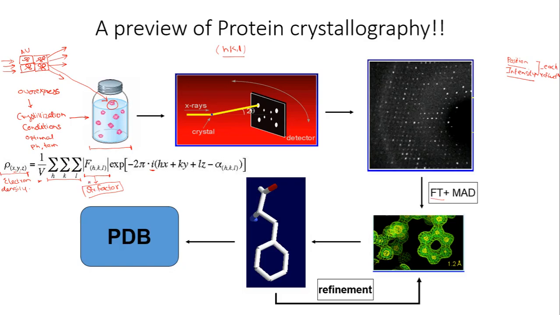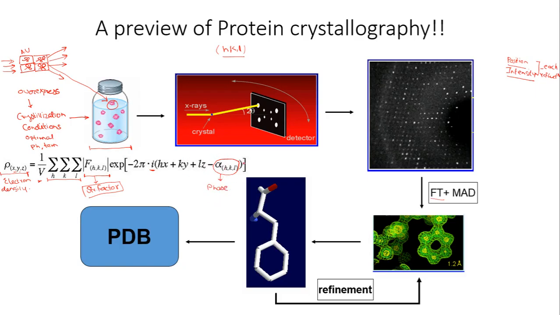But in order to complete the Fourier transform, you would also require this quantity to be measured, which we have represented as alpha HKL, and which corresponds to the phase.